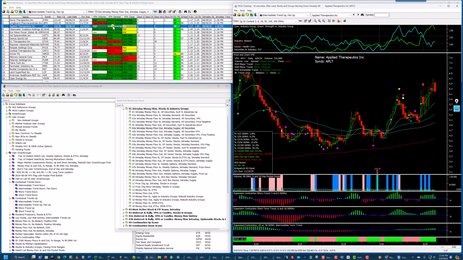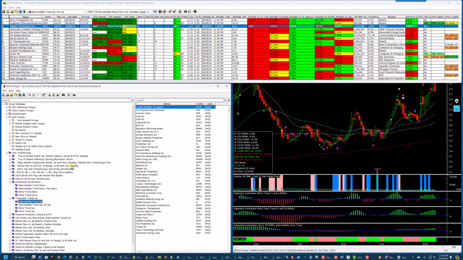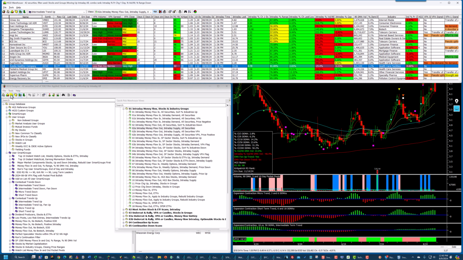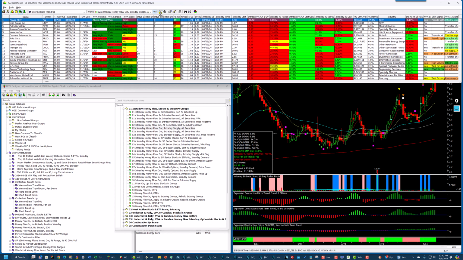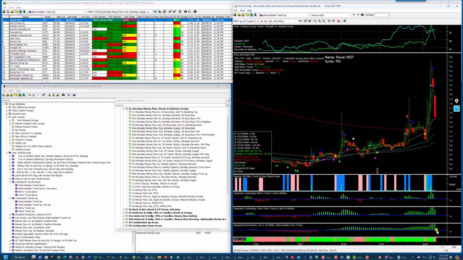Let's look at Applied Therapeutics. You can see the fan is up, the 3 is above the 6, but it's pulling back today. Now I'm going to try the intermediate term trend up and transfer these, and then apply the filter, and you can see that these are stocks where the fan was not up, but the histograms are all up here, but it is coming down sharply.